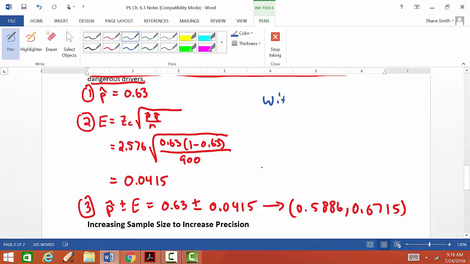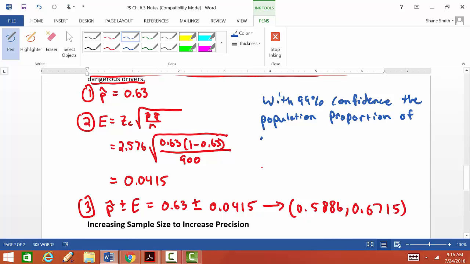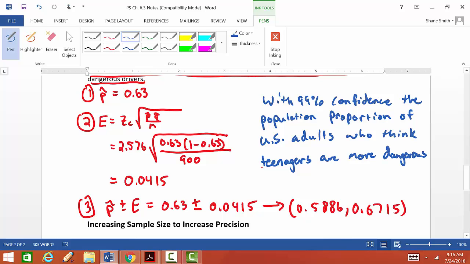So we say, with 99% confidence, the population proportion of U.S. adults who think teenagers are more dangerous drivers is between, and I usually round in the sentence, so I'll round that to 59% and round the other one to 67%.